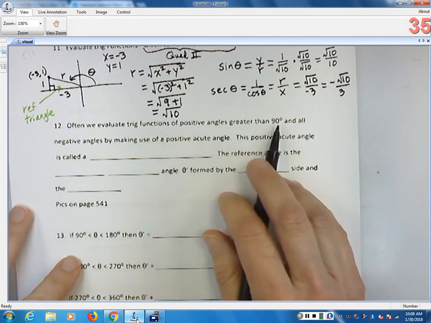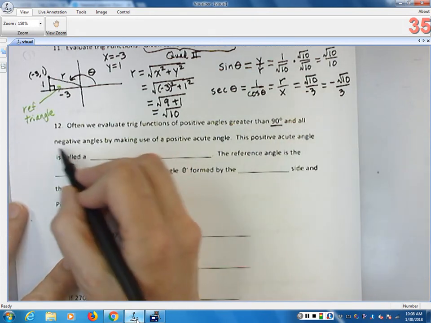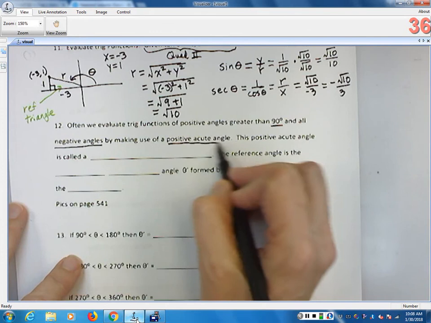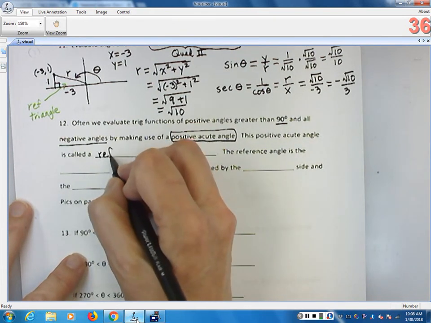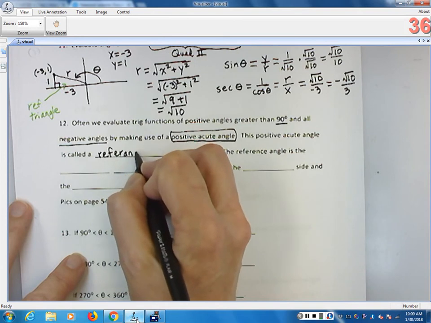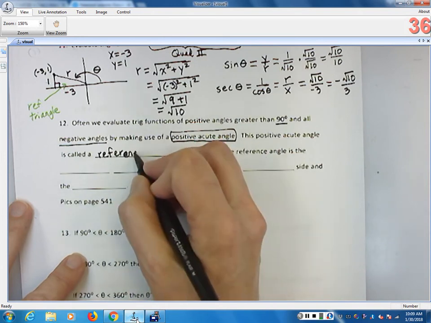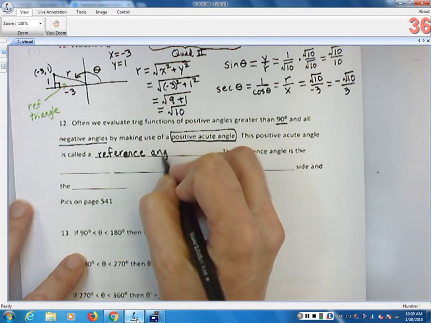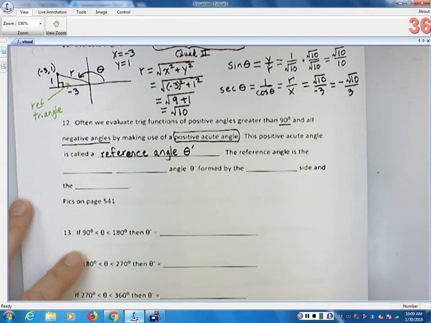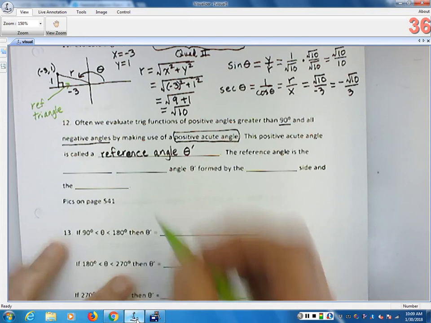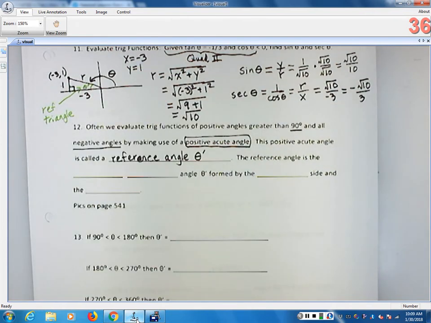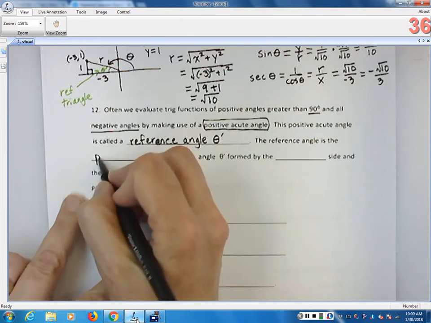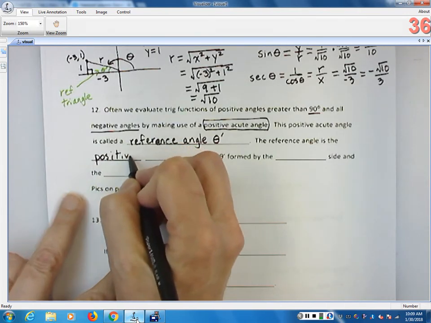But often when we evaluate trig functions at positive angles greater than 90 degrees and all negative angles, we make use of a positive acute angle. This is called a reference angle, theta prime. And in this picture, it would have been right here. The reference angle is the positive acute angle, theta prime, formed by the terminal side and the x-axis.